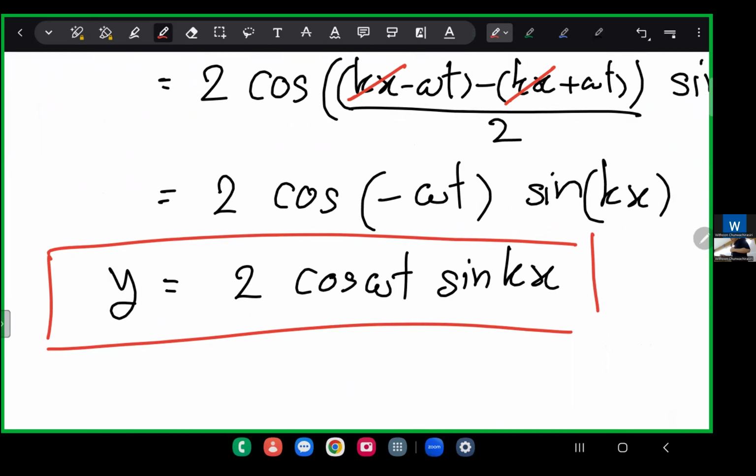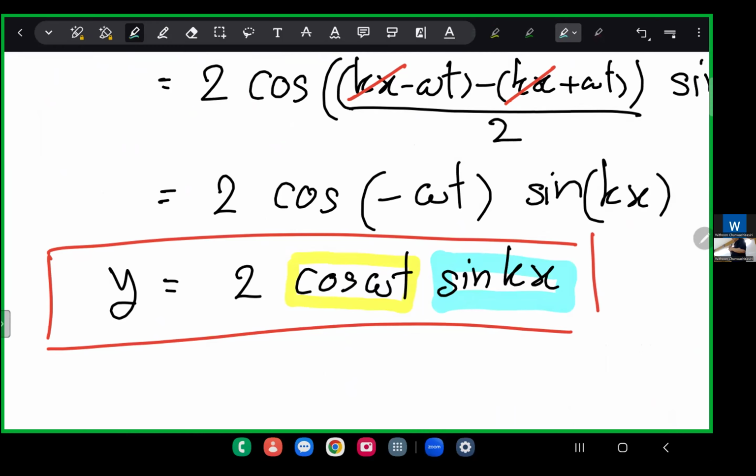But what I'm showing you right now is a great property built in. You see this? The first term is purely on time, and the second term is purely on x. It's kind of nice in a way.